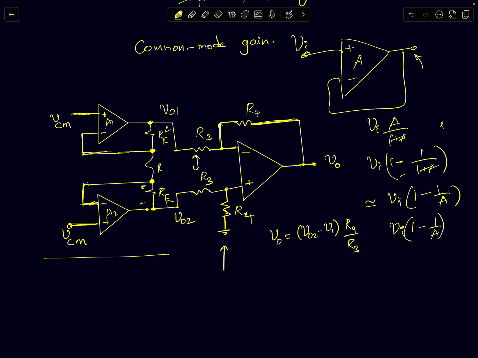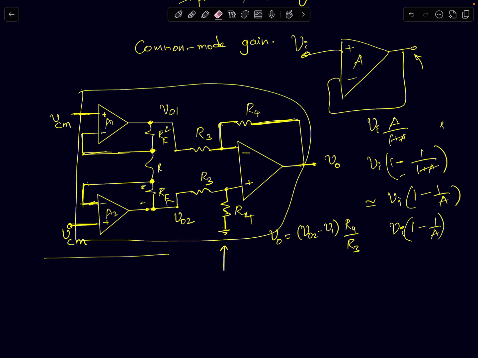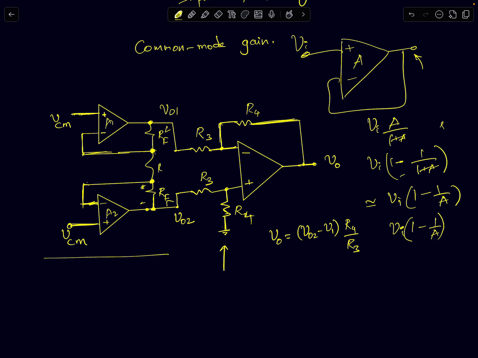And therefore we said this is one of the main reasons why these resistors R3, R4 mostly come as integrated resistors, meaning they will all come within a single chip. They will not be external. The reason is also that the second stage is acting as a subtractor, a differential to single-ended converter, so it needs better matching, and you cannot add programmability in the gain in the second stage.